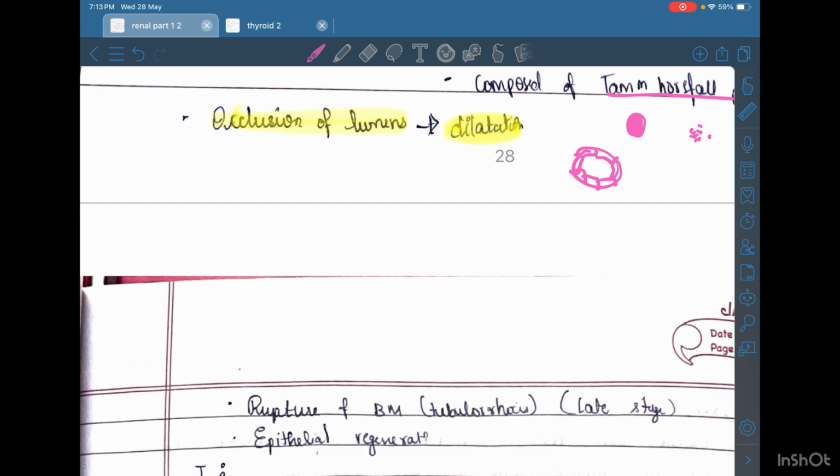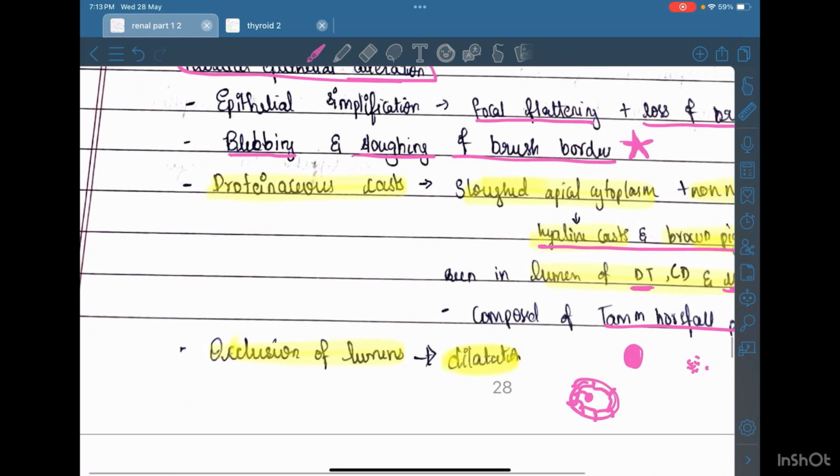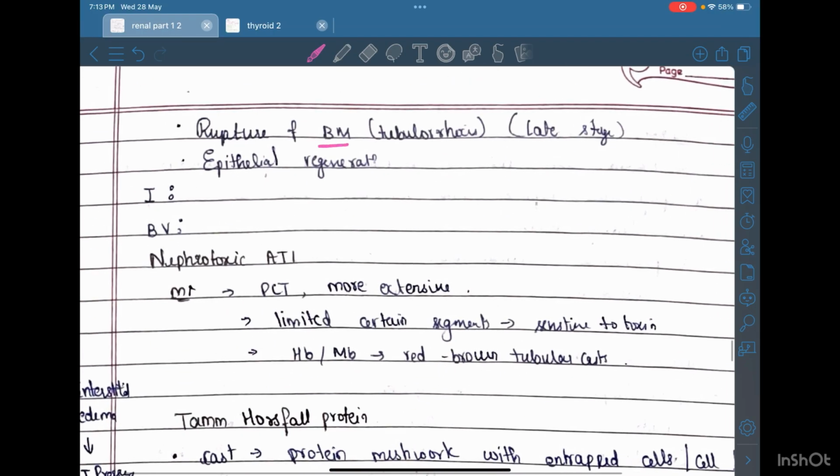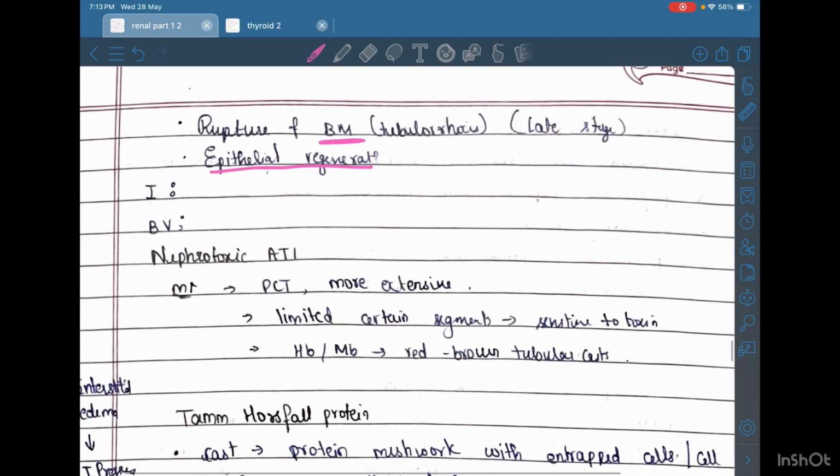Then there will be loss of brush border, then blebbing and sloughing of brush border. Then there will be proteinaceous cast. Then there can also be a rupture of the basement membrane which leads to tubulorrhexis and epithelial regeneration.